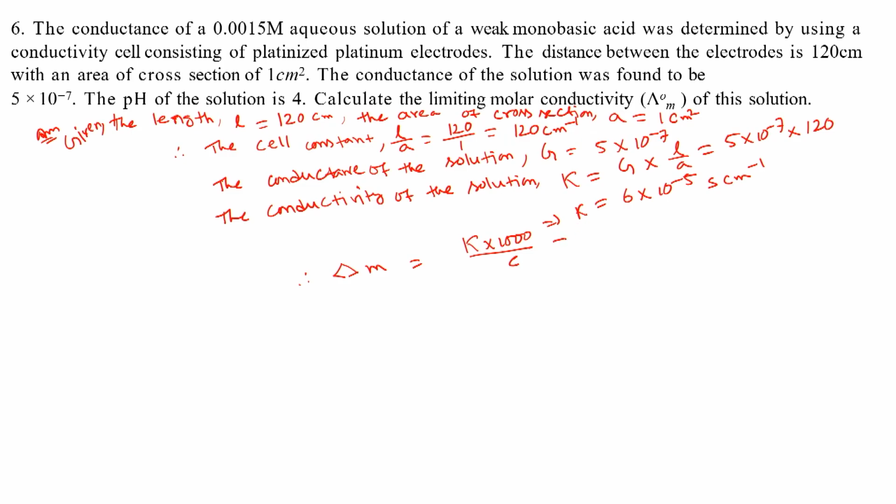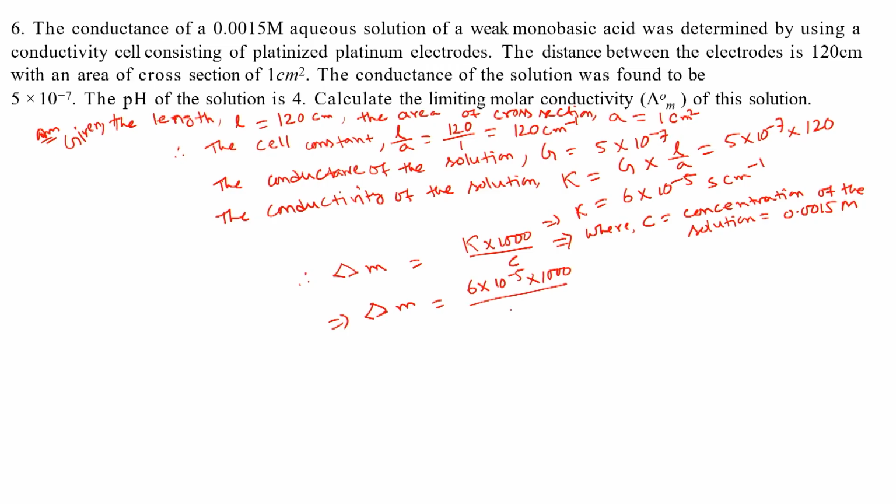Okay, C is the concentration of the solution, which is given as 0.0015 M. So lambda m is 6 times 10 to the minus 5 times 1000 by 0.0015.